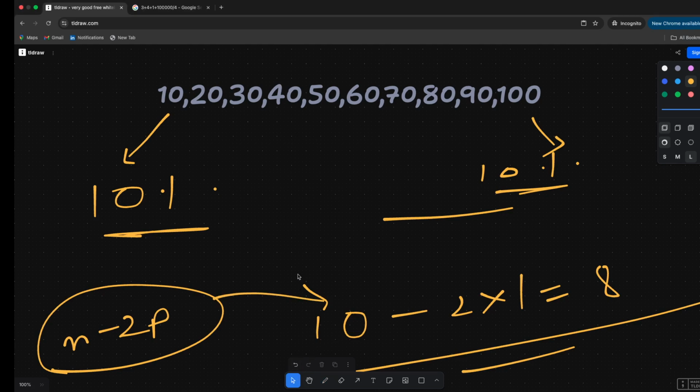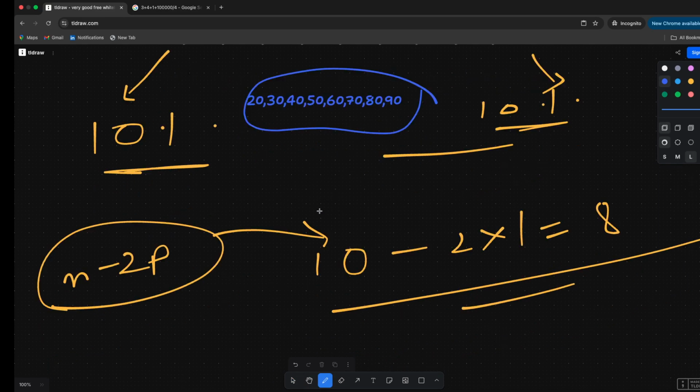So if I have removed 10% from both ends, then this is the reduced or the new data set that we have, right? If you count the number of observations, it will be 8, right? So then you can just generalize it to 10 minus 2p. So this is how you're getting that n minus 2p in the remainder.